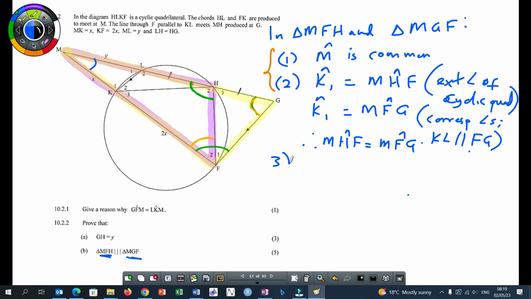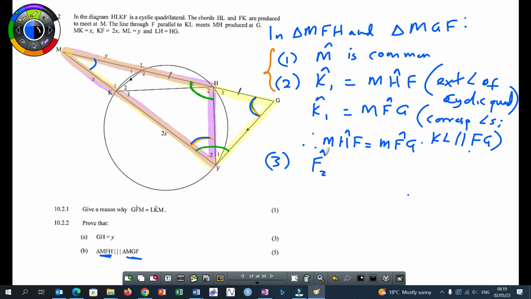So the third pair, remember here we have proved that this angle H1 plus H2 is MHF. So we need that F2, which is this one here, to be equal to that angle G. So I'm going to write F2. Are you following?